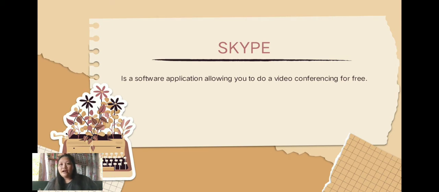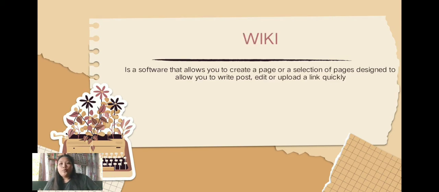And then followed by the wiki. Wiki is a software that allows you to create a page or a selection of pages designed to allow you to write, post, edit, or upload a link quickly. So this is a good application to be used for students who need to work together to complete a task even if they are not physically together.